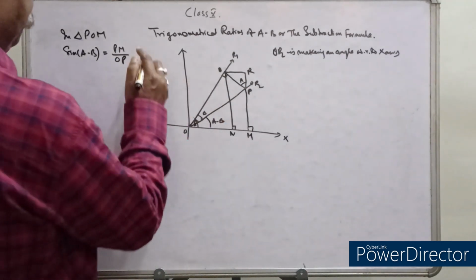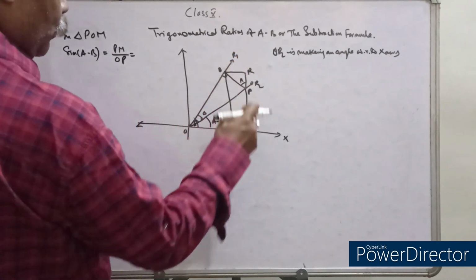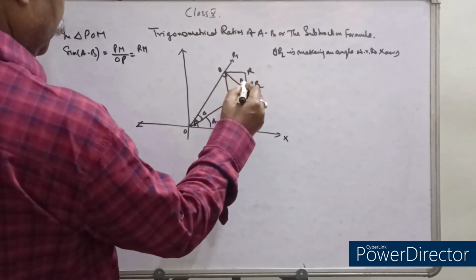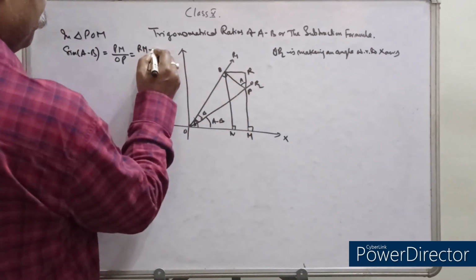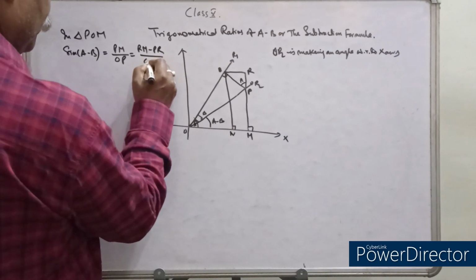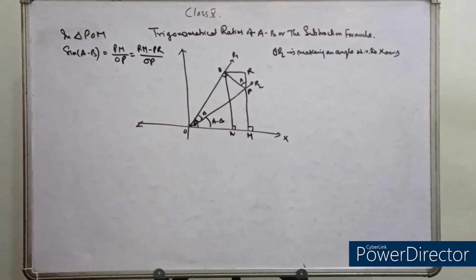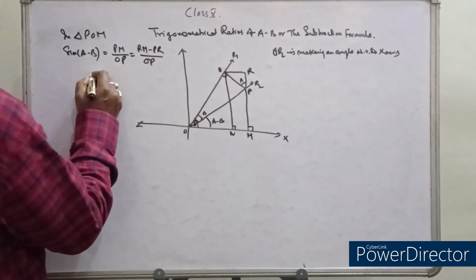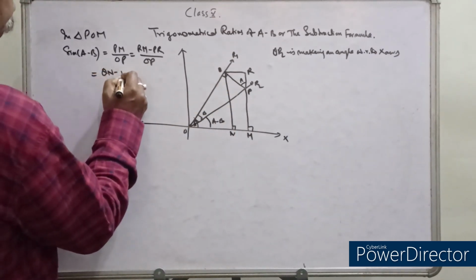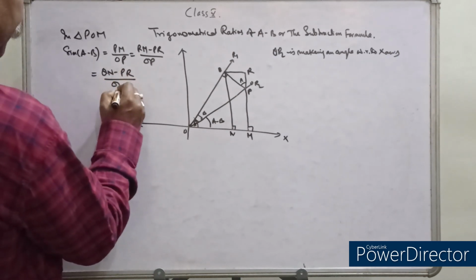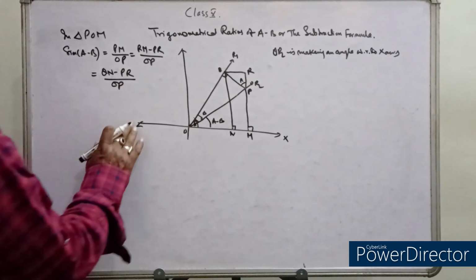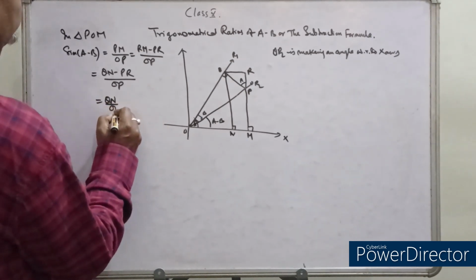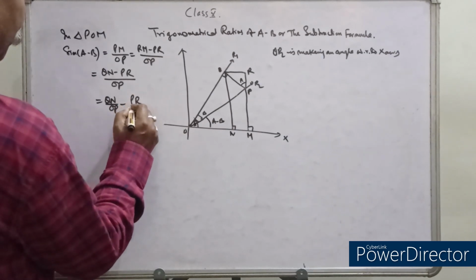Now instead of PM, we can write RM minus PR by OP. Since this forms a rectangle, instead of RM I am going to write QN. So this is QN minus PR by OP, which equals QN by OP minus PR by OP.